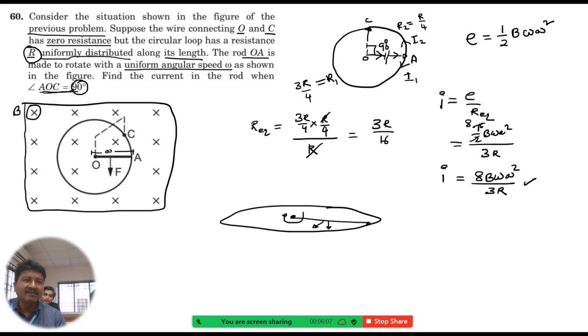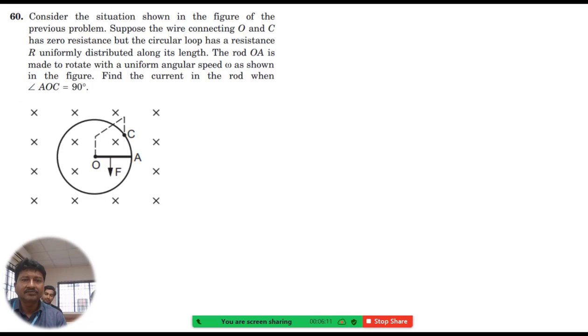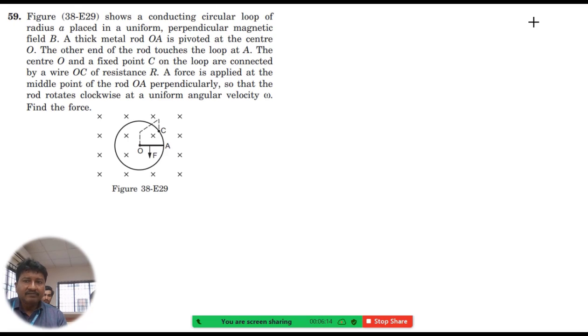In the previous problem, they gave that it is in the horizontal plane. Okay, let me show you.